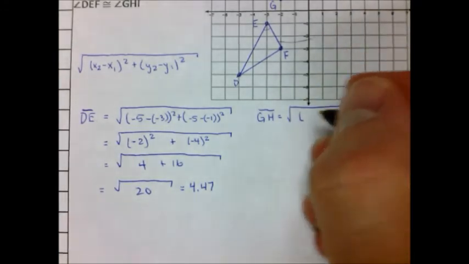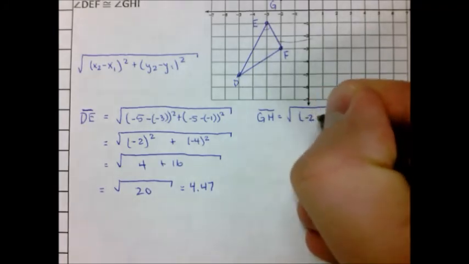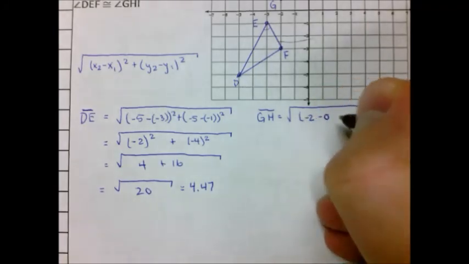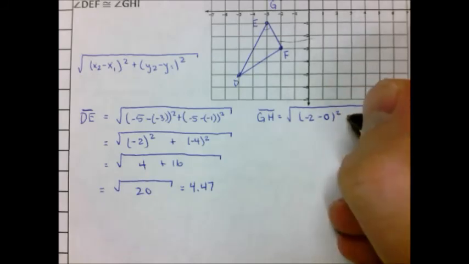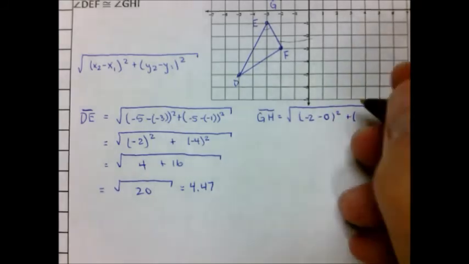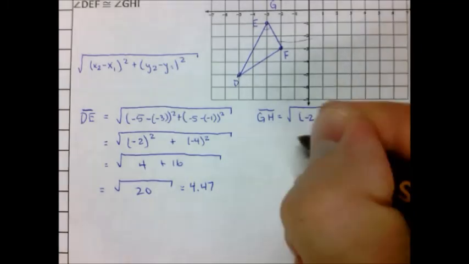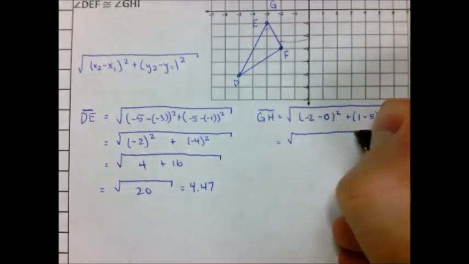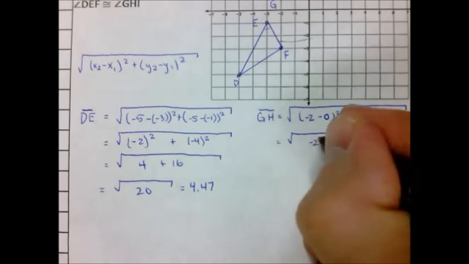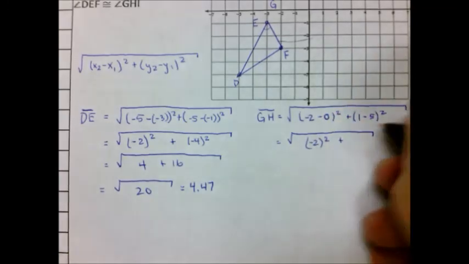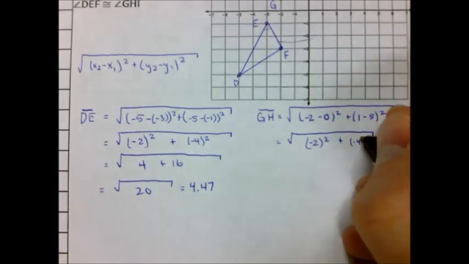So x2 is -2 minus 0, squared, plus y2, which is 1 minus 5, squared. And -2 minus 0 is just -2. 1 minus 5 is -4.